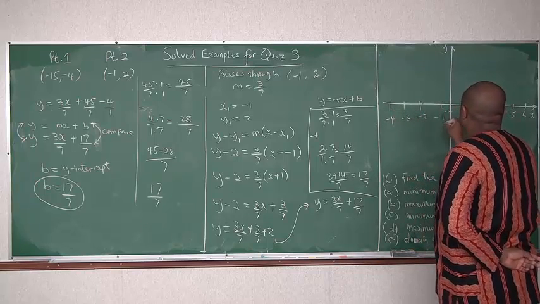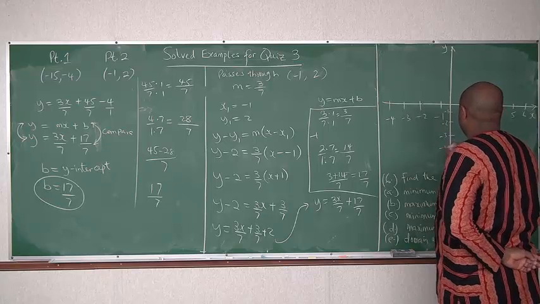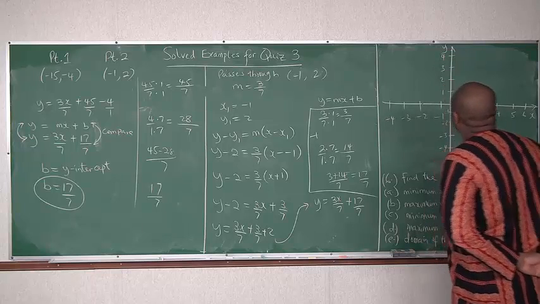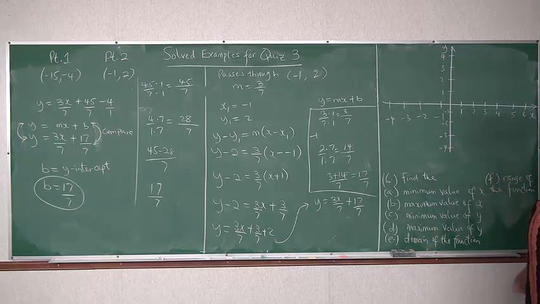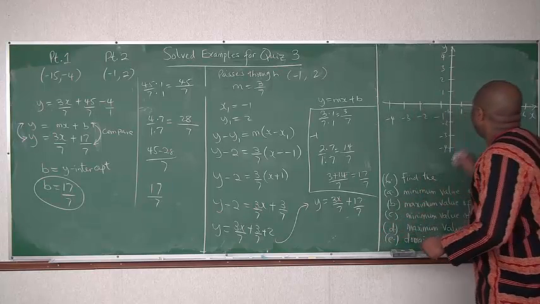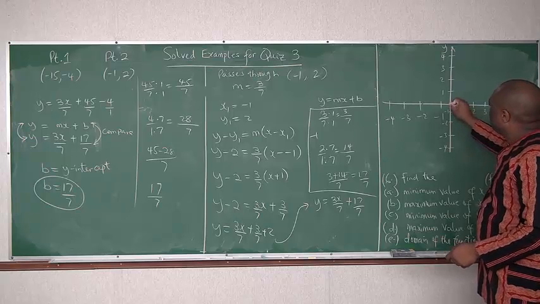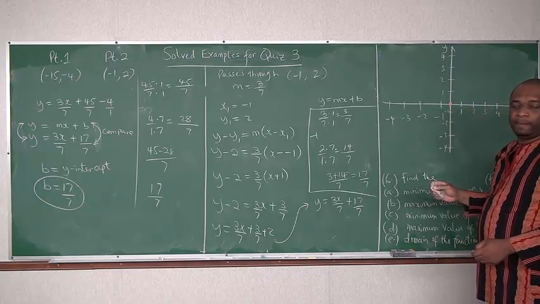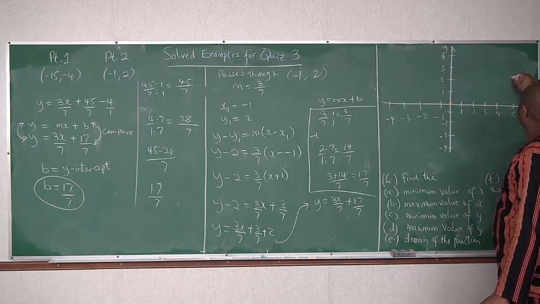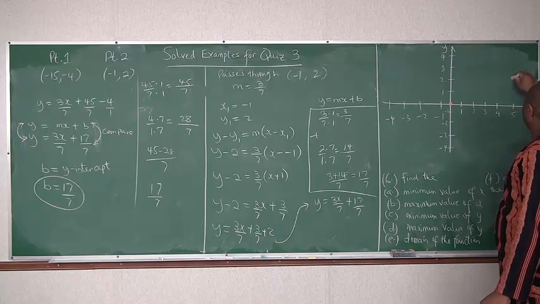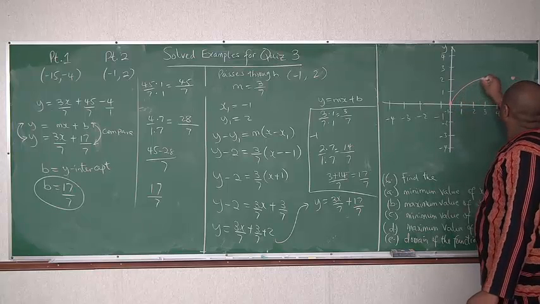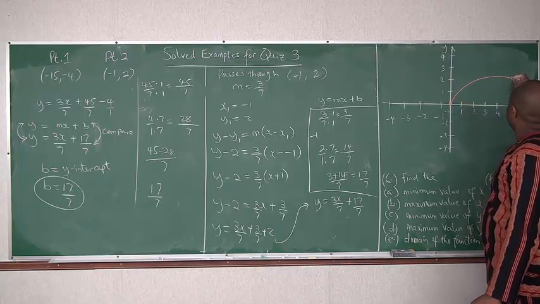Let's say we have this sketch, and then I have 2 points. The first point passes through the origin, and I have the second point. I know that this is a curved line, okay? Let's say it's a curved line.